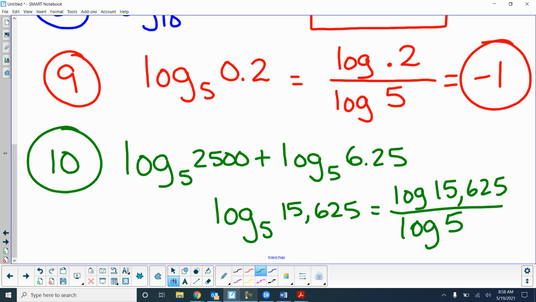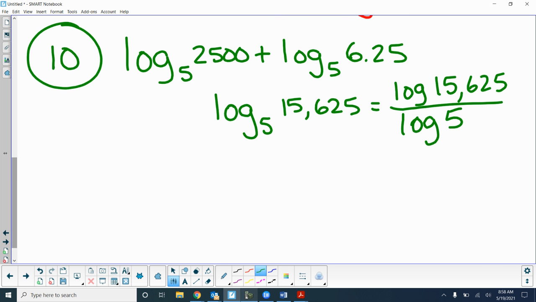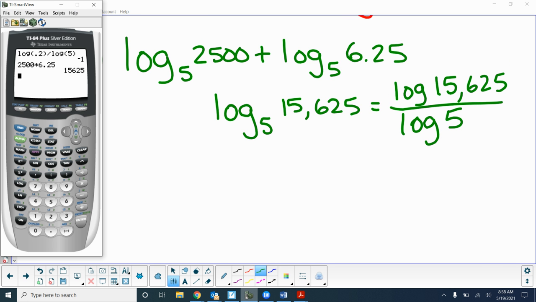You're not going to remember unless you write it down how to do it. All right? So, log button right there. 15,625. Close it up. Log 5, close it up. Oops, what did I forget? Divided by log 5. Answer would be 6. So that would be one of your choices on your exam.